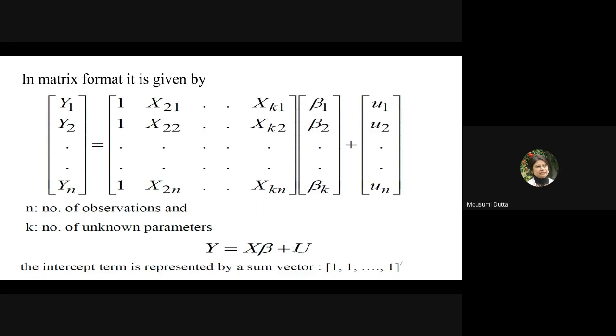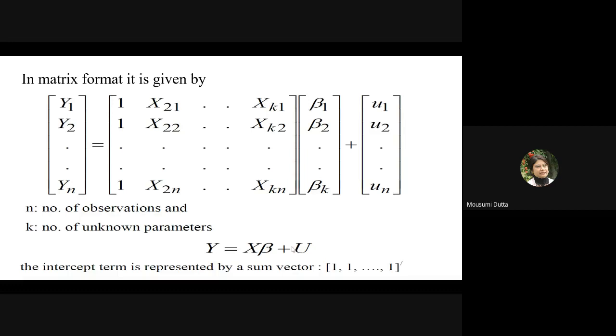Look, one of the major assumptions in a classical model is that X and U should be independent to each other. Otherwise, the linearity aspect will be disturbed. Whatever components we have on the right-hand side of the regression model, we need independence among these.